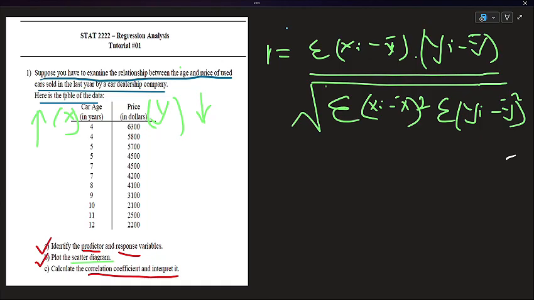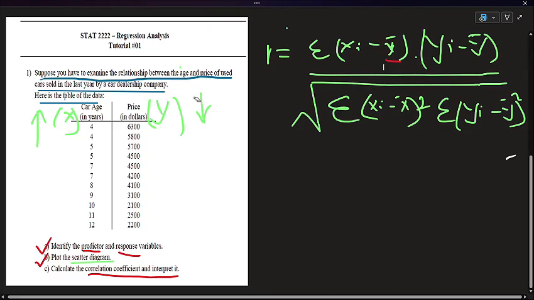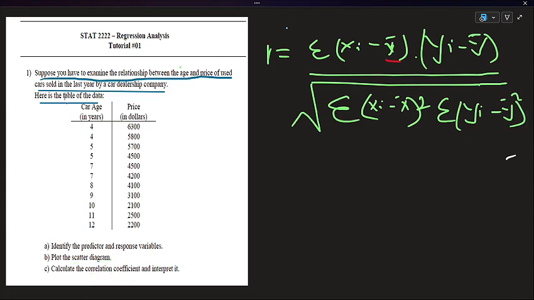So how are you going to do that? First of all, you have to find x bar. To find x bar, what do we have to do? These are the x values.